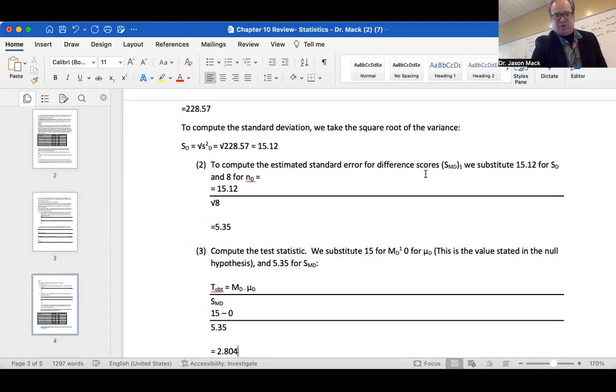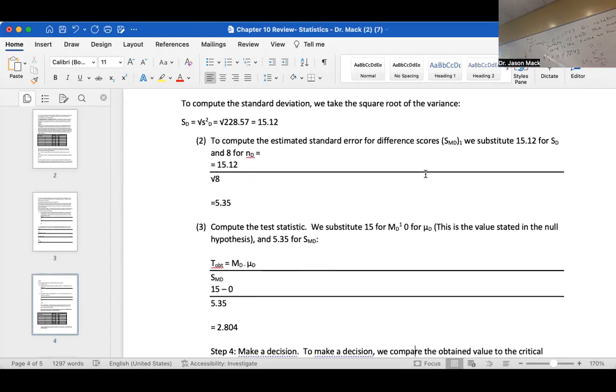Okay, so then we compute the test statistic. We substitute 15 for the mean difference and 0 for the null hypothesis, which, as I mentioned earlier, is the value stated in the null hypothesis. So the obtained t value is the sample mean difference minus the population mean difference: 15 minus 0 divided by 5.35 equals 2.84.